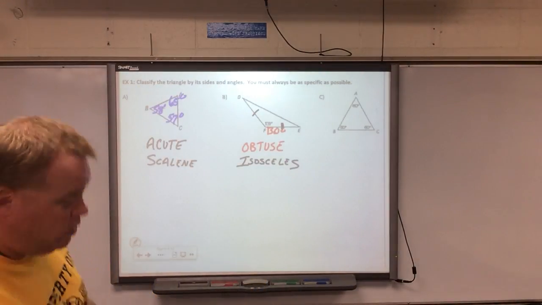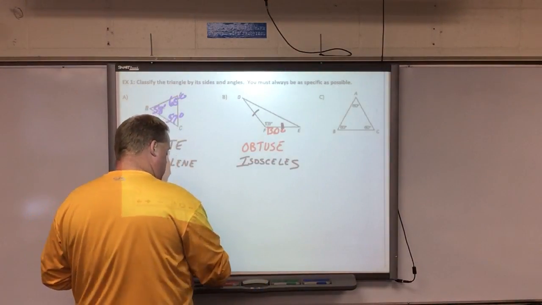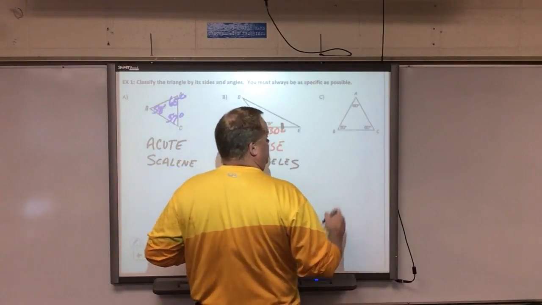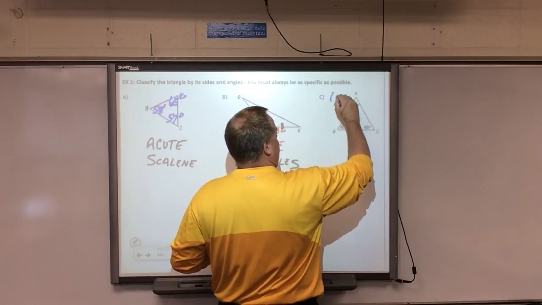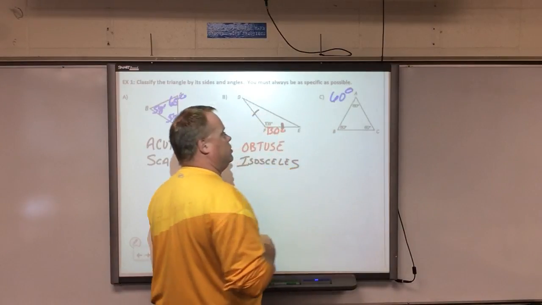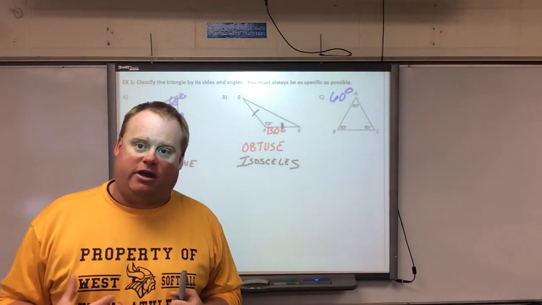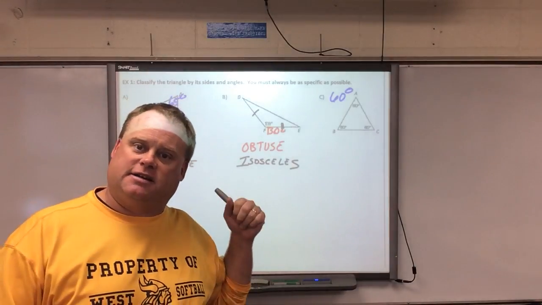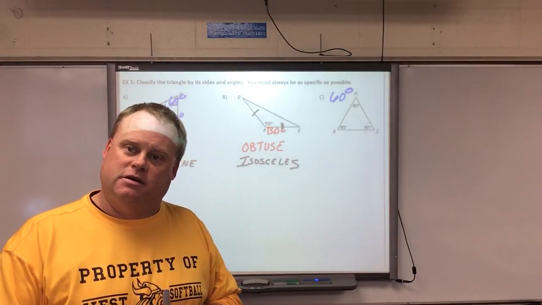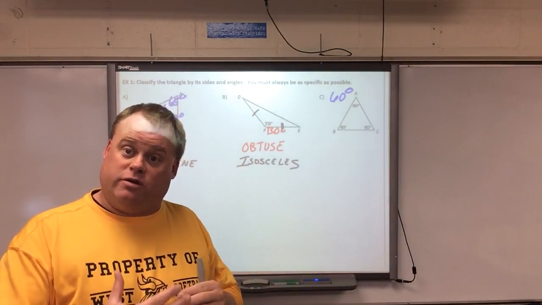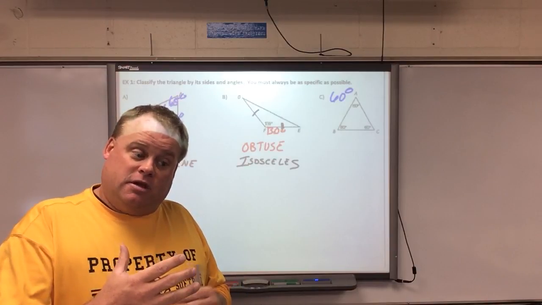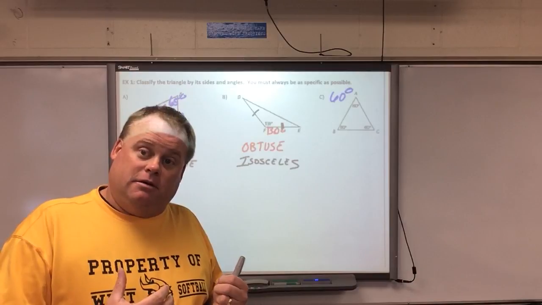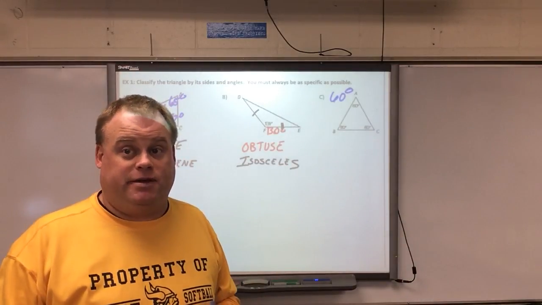All right, and the third one. These all in here say 60 degrees. So all three of those angles, and I'm just going to write it up here, all three of those are 60 degree angles. As I talked about in the first example, the sides correlate with the angles, right? So if the angles are all the same, then all the sides have to be the same.